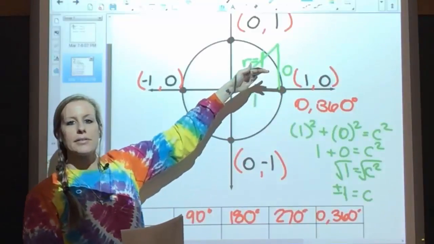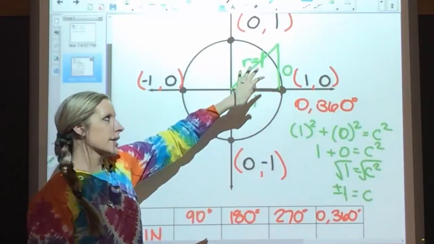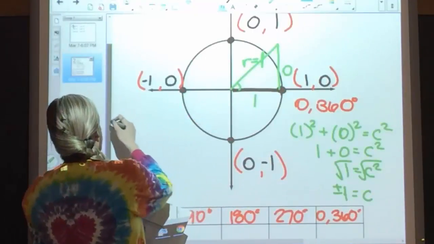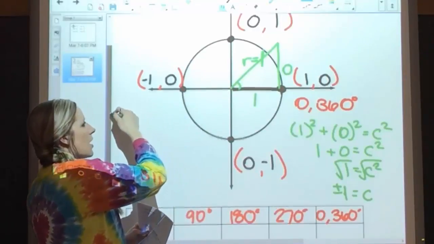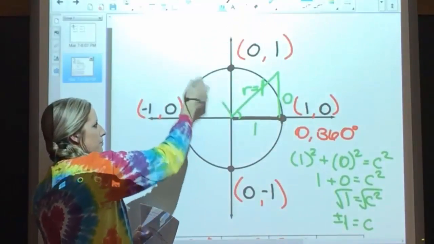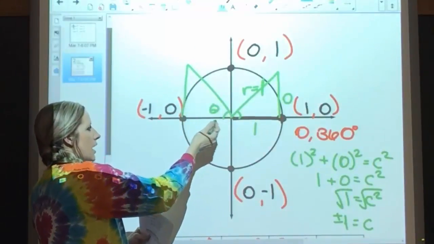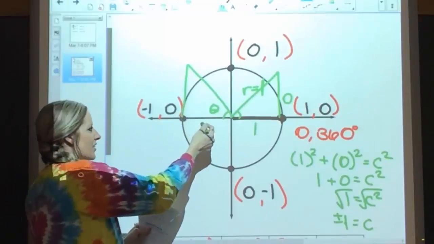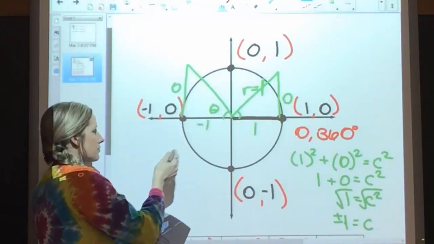Now this happens for each point that you see. Your r is going to be 1. And the reason is, even if I take this point where I have an x that's -1, and I make this triangle that really isn't a triangle, you have -1 and 0.